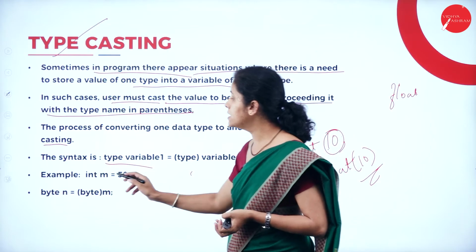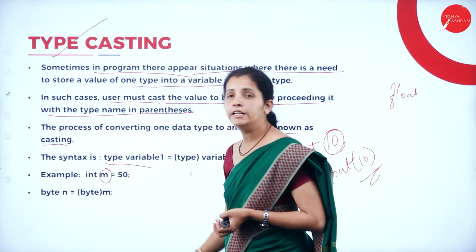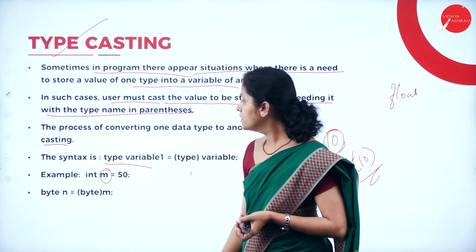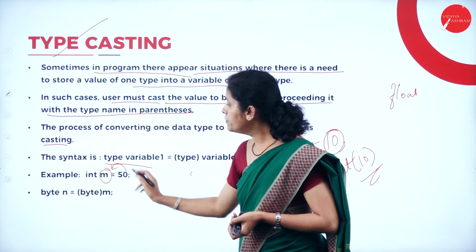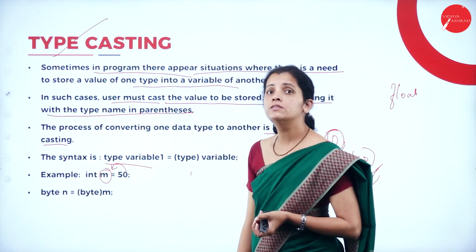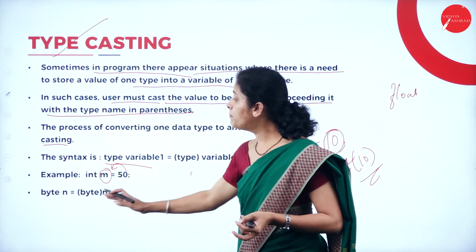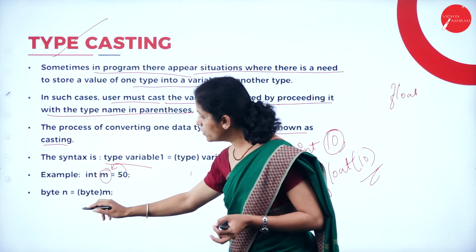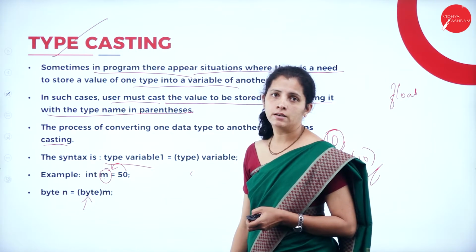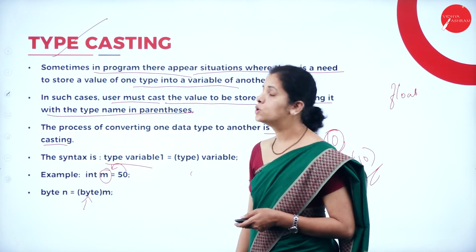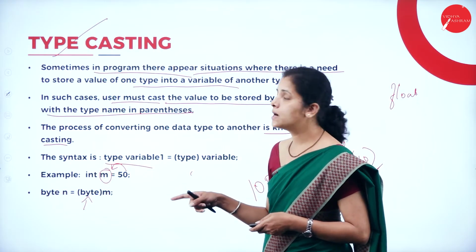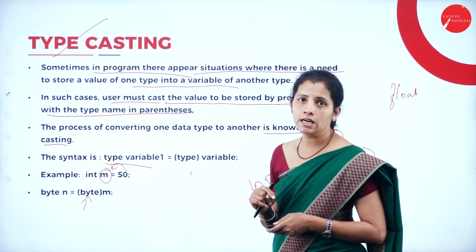For example, here I'm going to have an integer data type m and I'm going to store 50. Now I want to convert this 50 to float or byte. So here I'm going to write the byte. This is the way I can convert one data type to another data type.